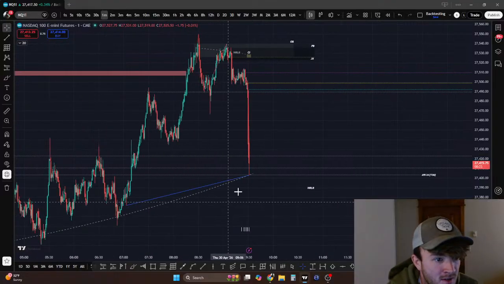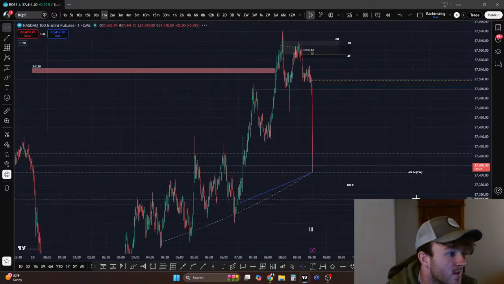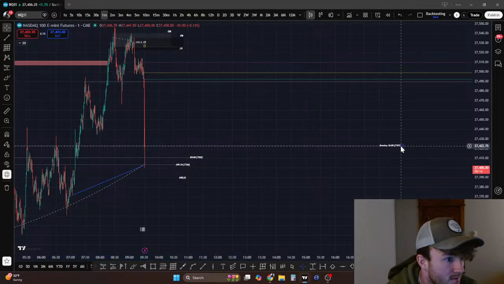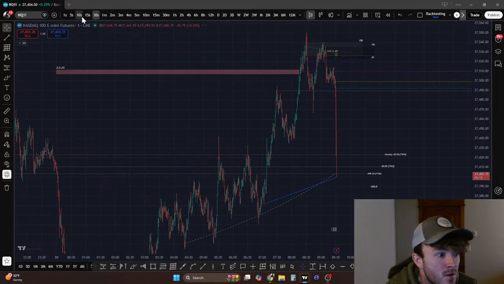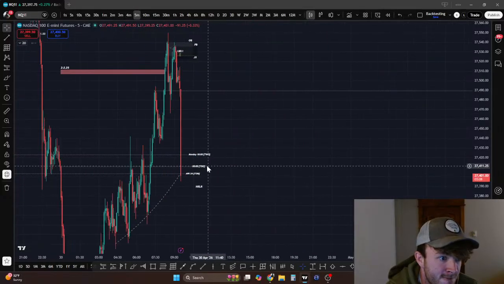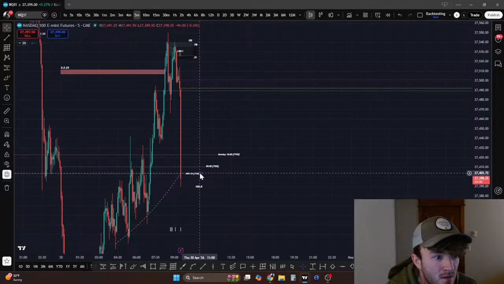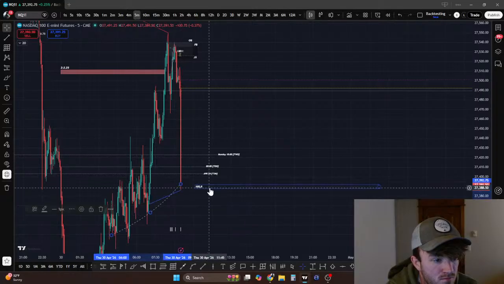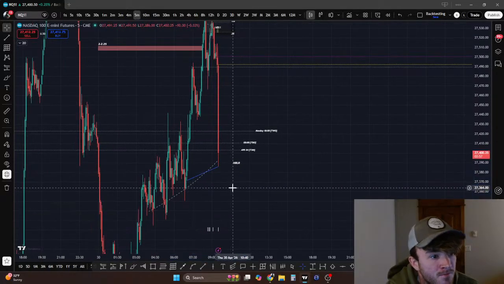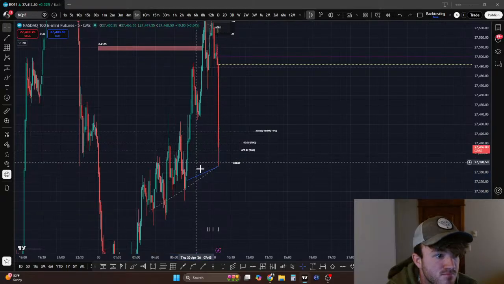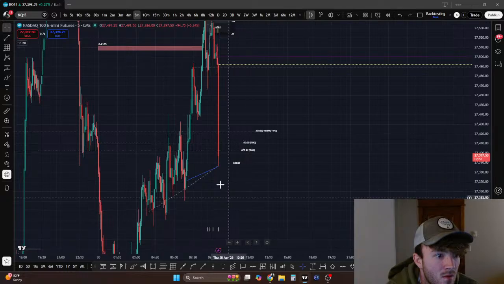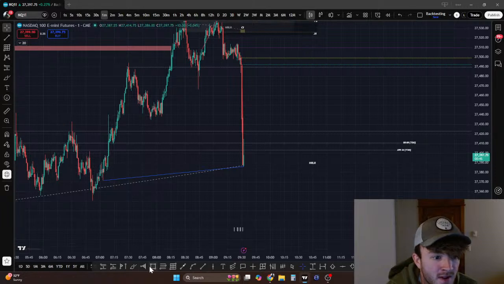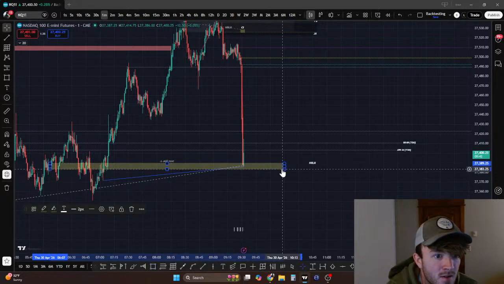Seems like it could be a Judas swing. We're getting SMT with these. Okay, this is a Reaper gap here, so it's possible we use this.